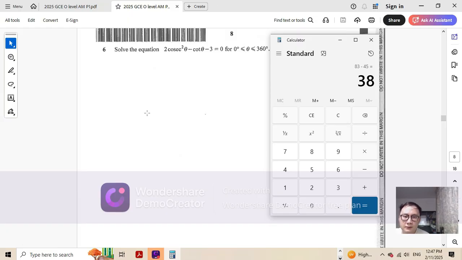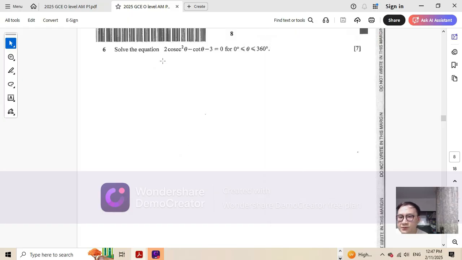But I will say this question on solving trigonometric equations that is worth 7 marks is not difficult. You just need to know what approach to take. Usually for solving equations, like what I mentioned in the tutorial, the first step is to simplify the expression. How do you simplify? Either we call it the general rules in mathematics.